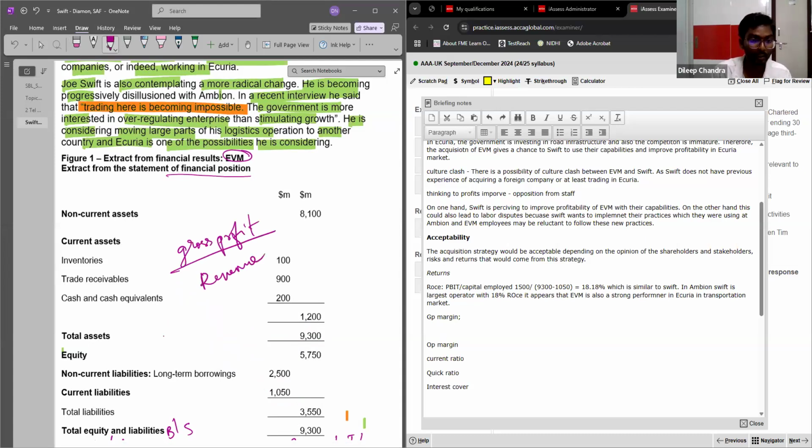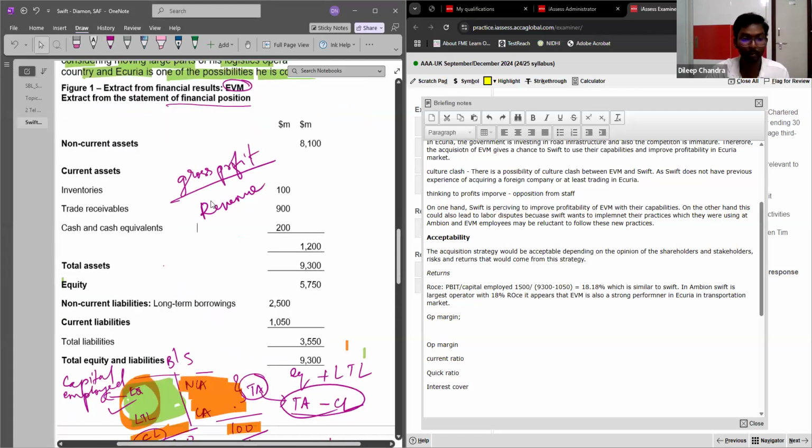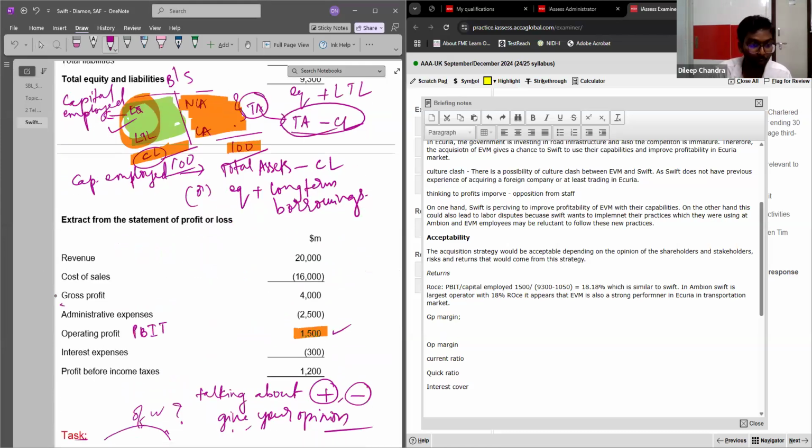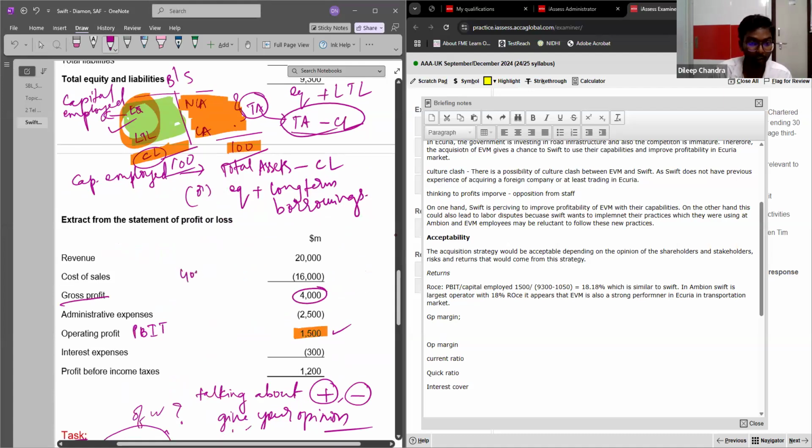Okay. So how much is the gross profit? Where can I find gross profit? In the P&L account, in the statement of profit or loss. My gross profit is over here, 4,000. So this 4,000 divided by revenue. Revenue is 20,000.